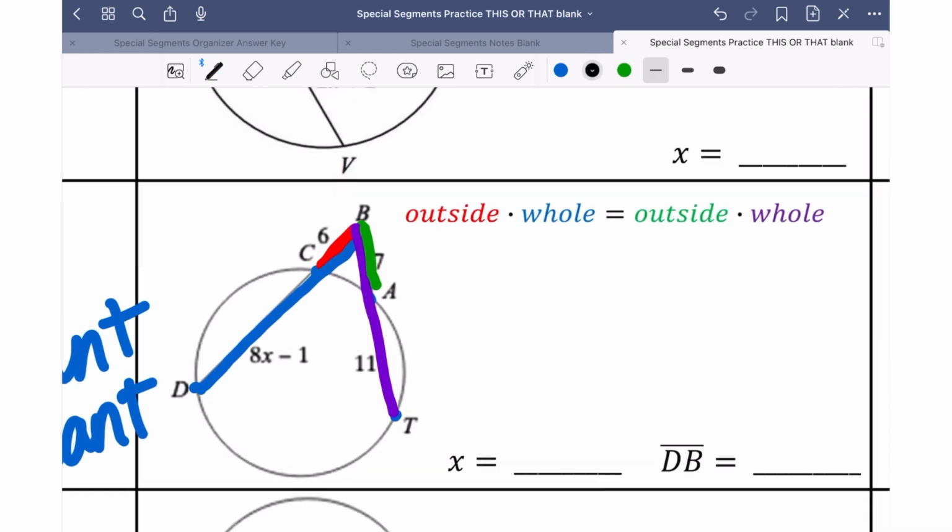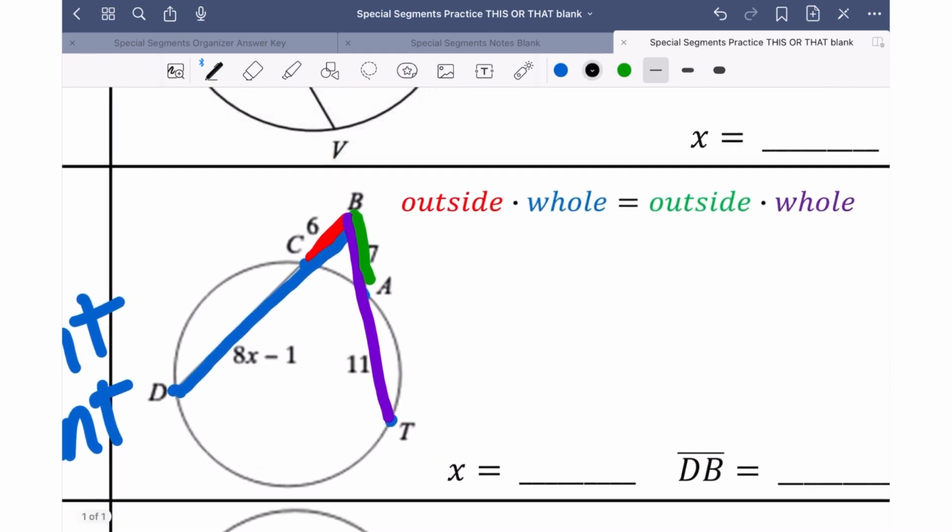Whatever helps you. So now I can fill it in the formula. The outside part was 6 times the whole thing. The whole thing is 6 plus this. Let me use a highlighter. So 6 plus 8x minus 1, for the first segment.